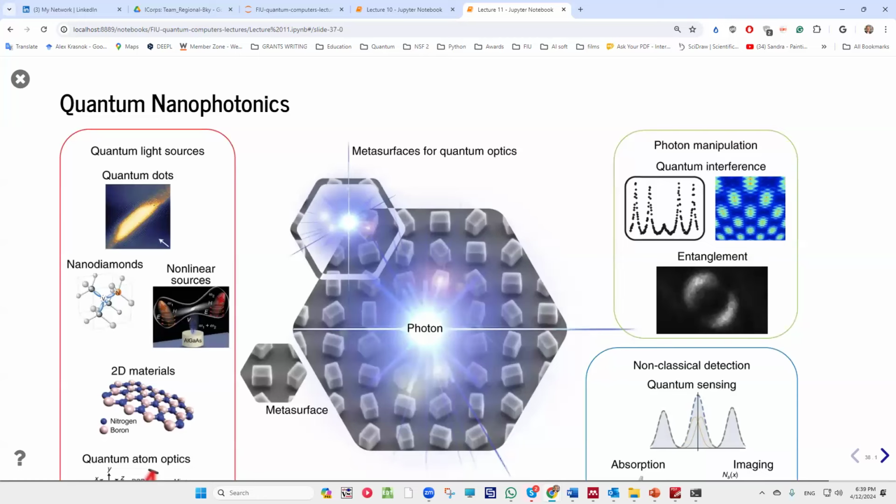And when we scale down the optical elements on a chip, we come to the realm of nano, right? Nanophotonics. So we are interested in different effects of light-matter interaction at the nanoscale, like light interacting with some nanoparticles and so on.